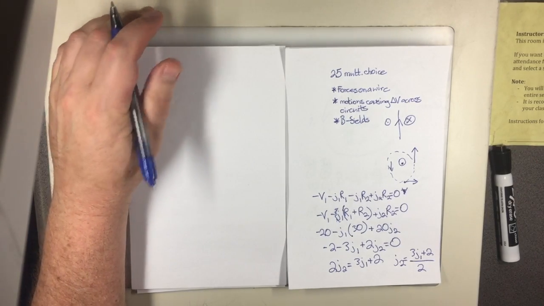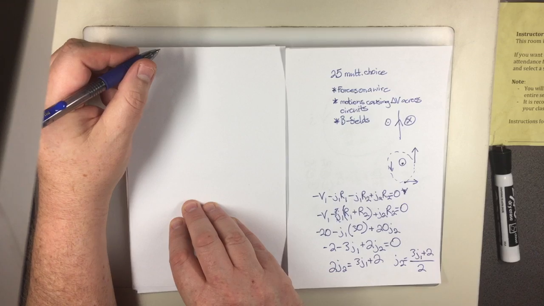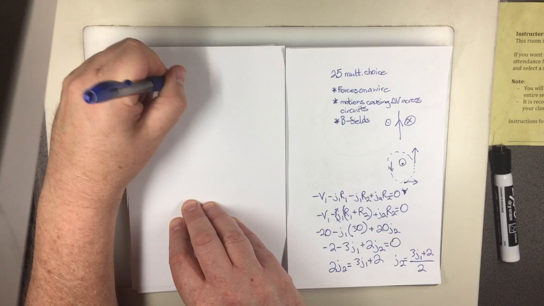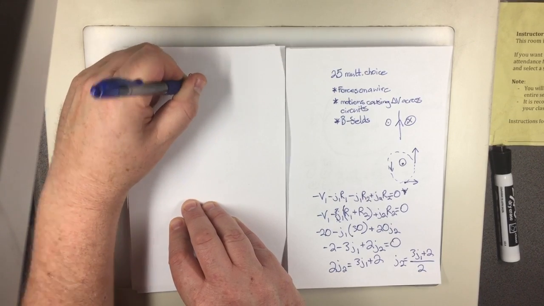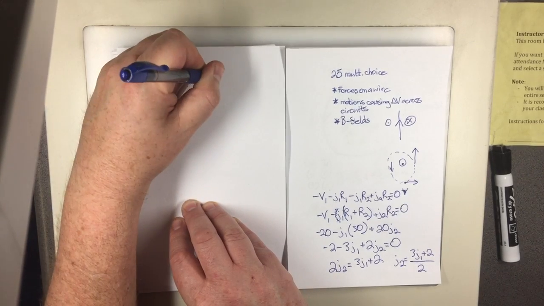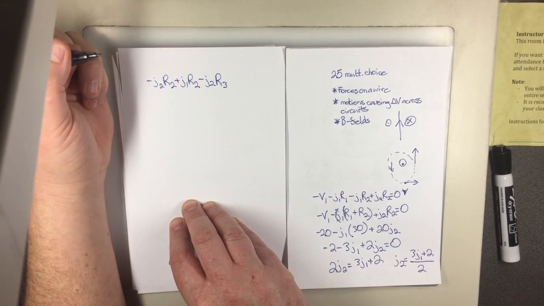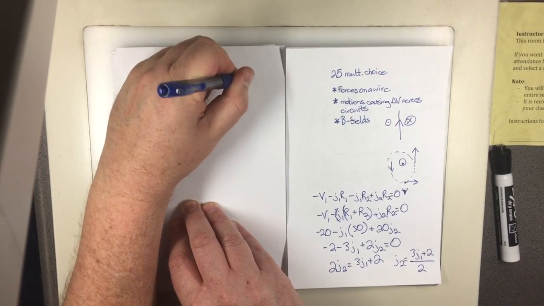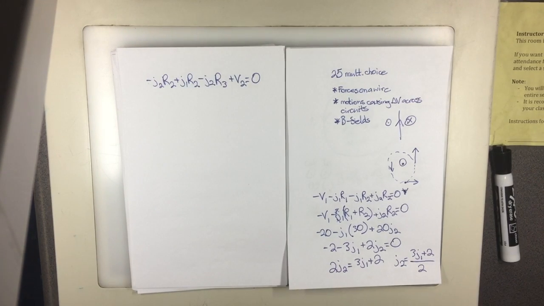Loop 2 starts bottom left, goes with J2 across R2, but against J1. I go with J2 across R3, and then I go from negative to positive, so positive V2. And that gives me this. Just looking at the resistors and the batteries, my prediction is that J1 will be negative and J2 will be positive.